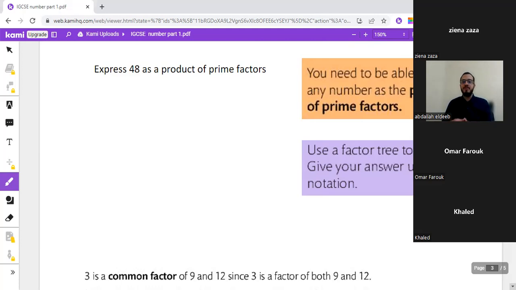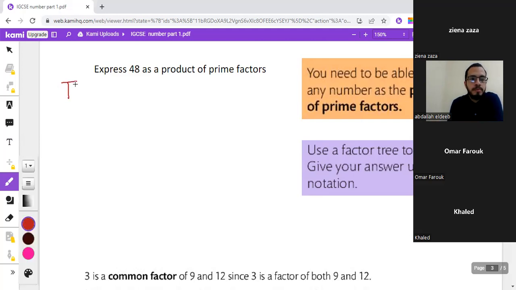Okay, so we use the prime numbers to factorize the numbers. Okay, how can we factorize any number? We have two ways to do this. Two ways. The tree way and the column way.